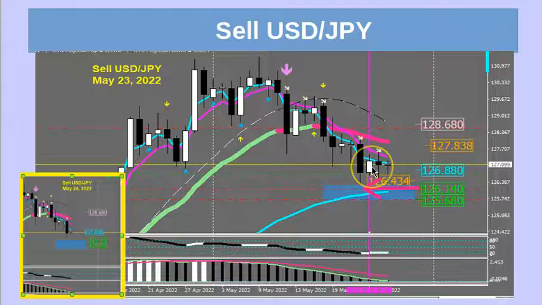Okay, so this next day, this candle actually moved up, and just letting you know, the total range on that day was 81 pips, so it didn't even get close to 124.